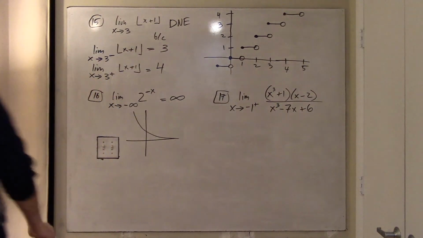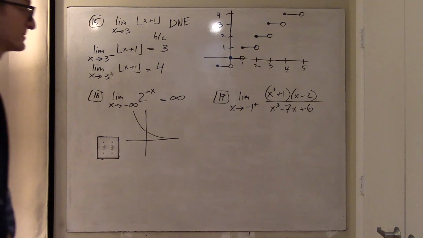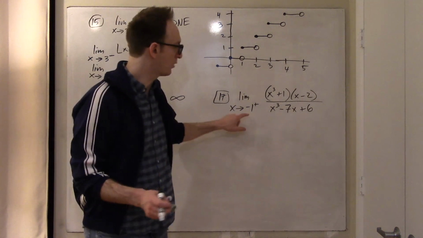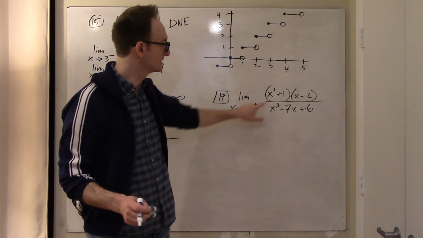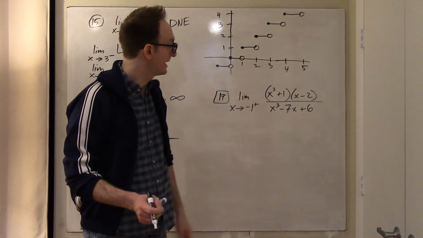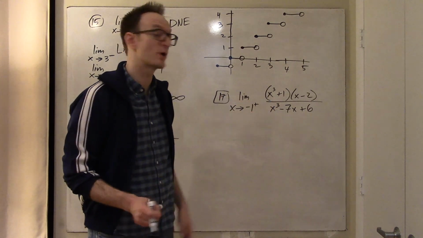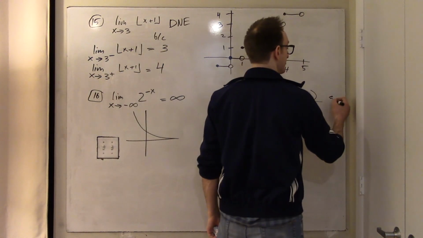Whew. Well, let's see what happens. If I try to plug in negative 1, then what happens? Well, negative 1 cubed is negative 1. So this will be 0. So the numerator is going to 0.